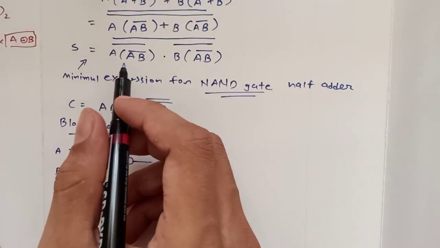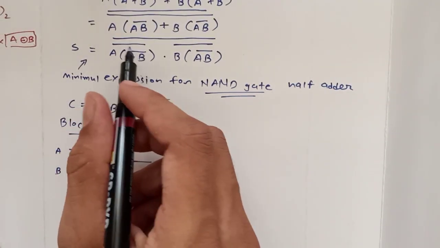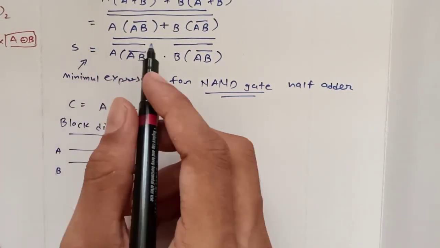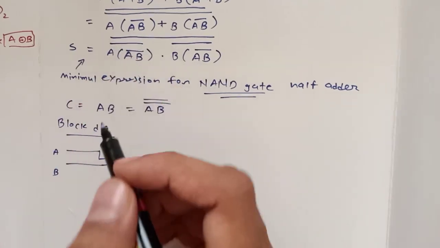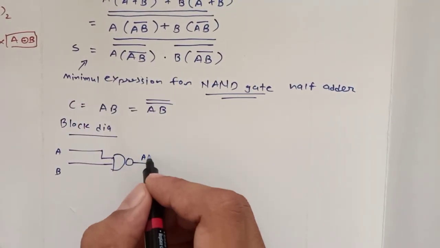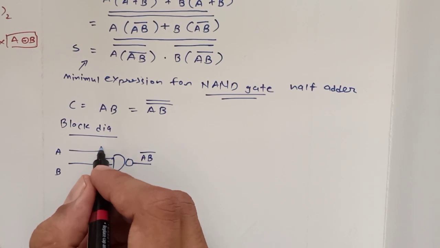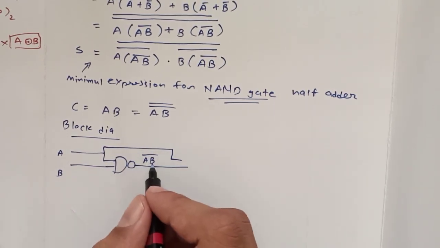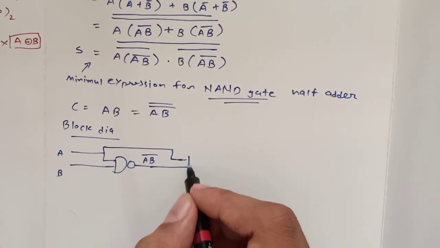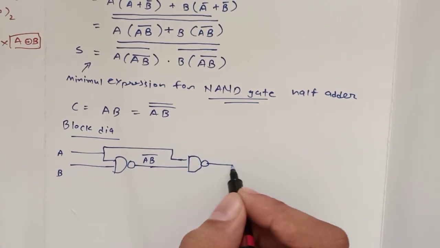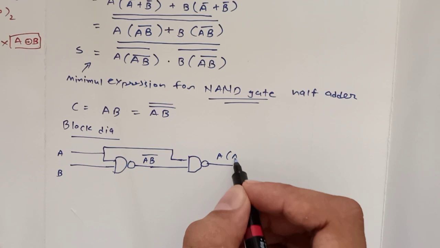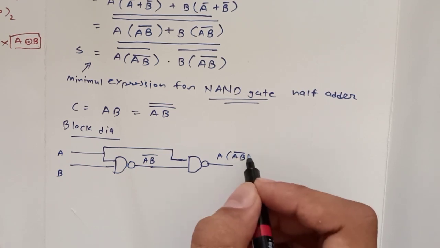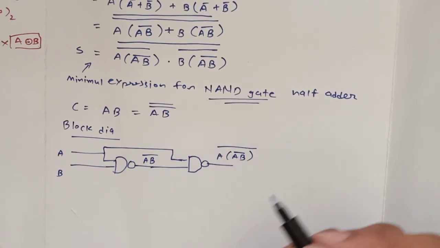So we get (A·B)' whole bar, and if I implement this (A·B)' with one another NAND gate, I will get ((A·B)')' full bar.